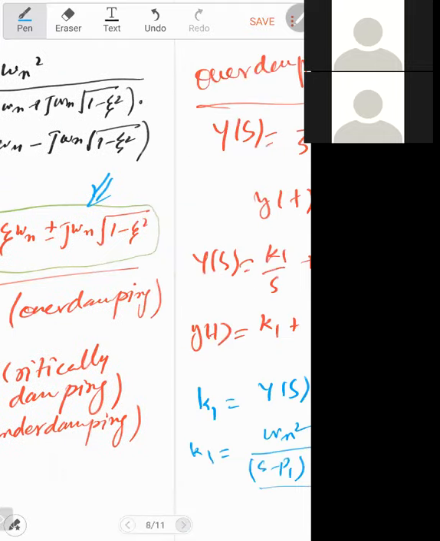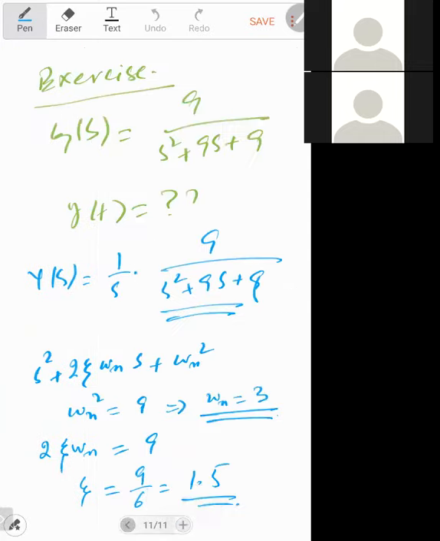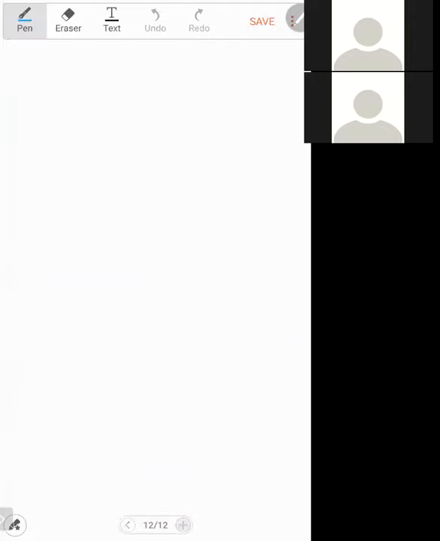If you use this expression for P1 and P2, and use the values of zeta and omega n which we derived over here, we see that P1 is equal to minus zeta omega n plus omega n square root of zeta square minus 1.